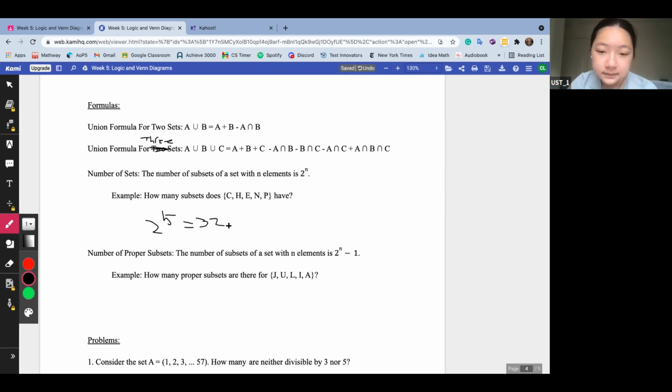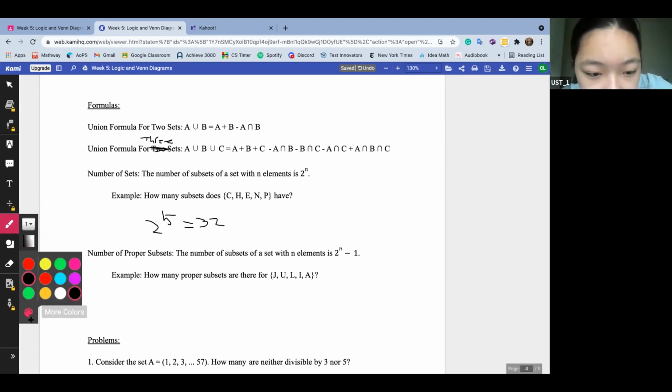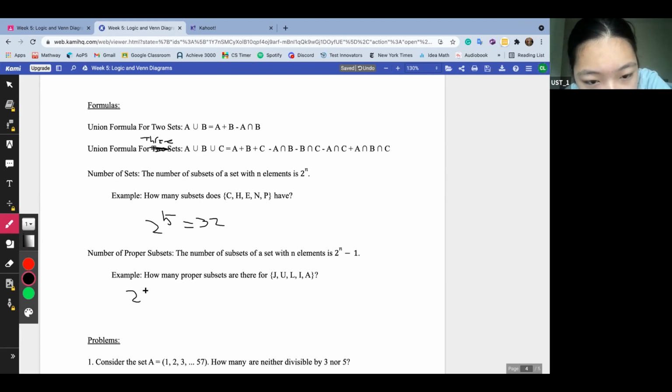And the number of proper subsets is basically the same thing, but you subtract 1, because like I said before, the proper subset does not include the original set. So you would subtract that 1. So it would be 2 to the power of 5 minus 1, which equals 31.